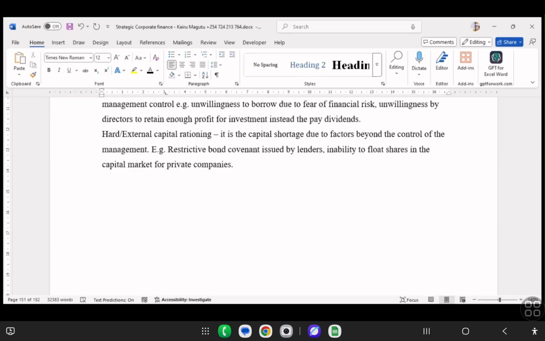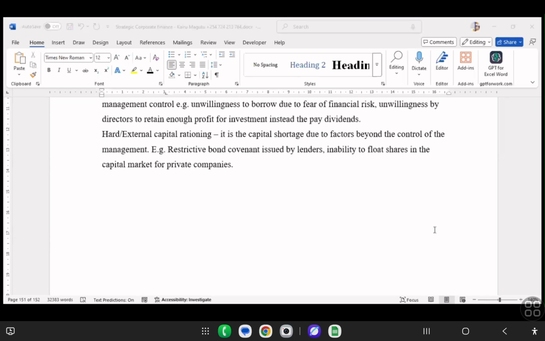You wish to do it, but because you are a private company, you cannot. You are restricted. That is a factor beyond your control. So these are the issues that arise when it comes to the issue of capital rationing.